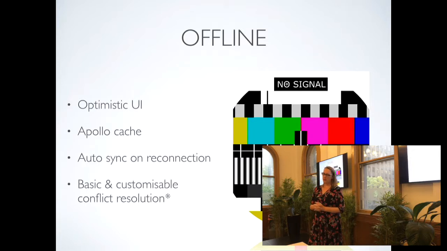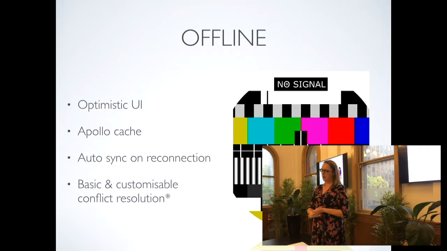This is built on the Apollo library, which is a GraphQL implementation, and most of AppSync, I think, uses Apollo under the hood. The cache also will store local changes and then upload them when you're reconnected.